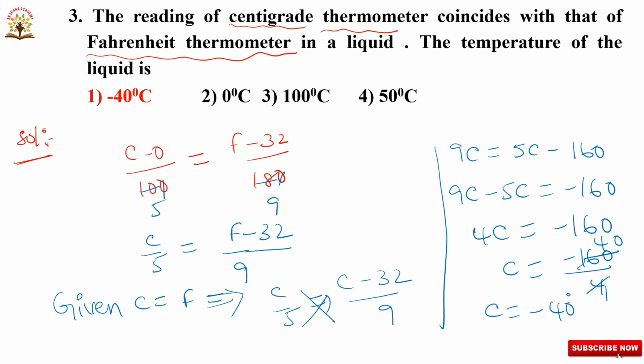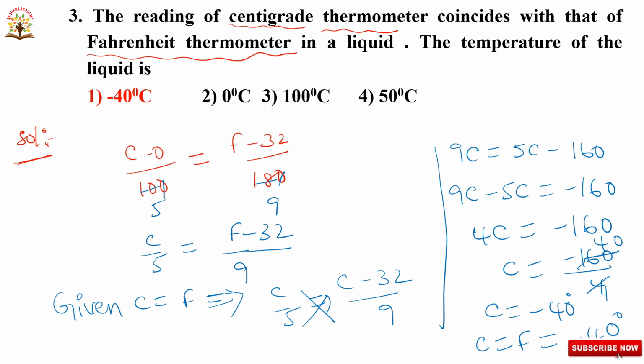So the temperature of the liquid when the centigrade thermometer coincides with the Fahrenheit thermometer, that is, C is equals to F is equals to minus 40 degrees. This is the final answer, minus 40 degrees.